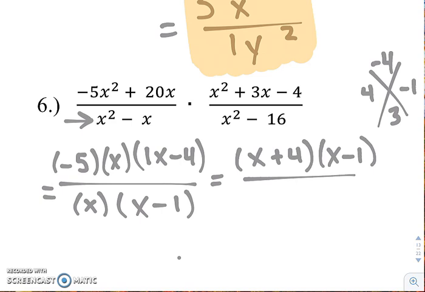On the bottom, again, you can put that 0x term in there, but what multiplies to get you negative 16 and adds to get you 0? 4 and negative 4.